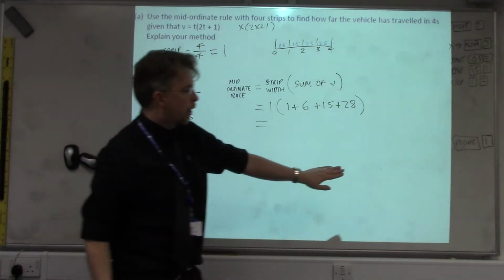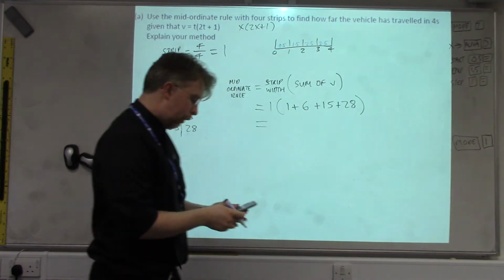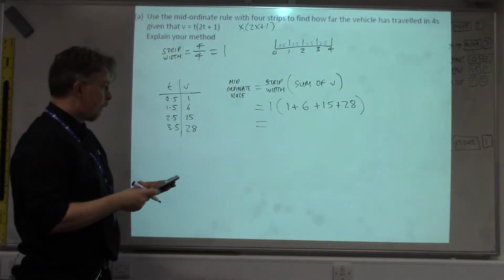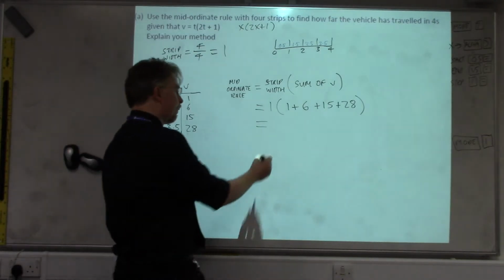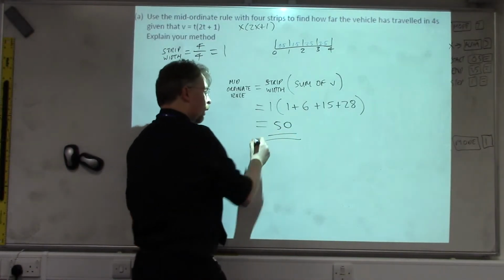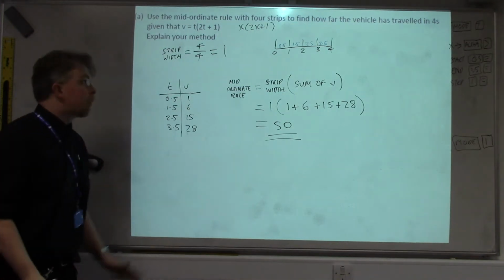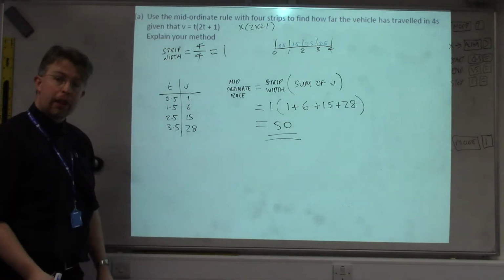Mode 1, to go back to normal calculation mode, 1 plus 6 plus 15 plus 28 gives 50. And as usual, if you want to merit a distinction, you're going to need to explain your method.